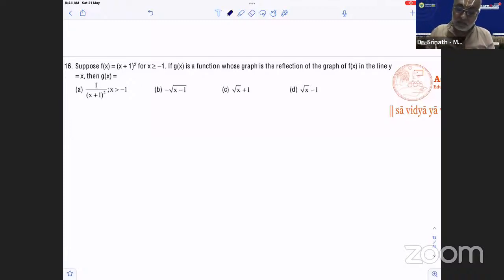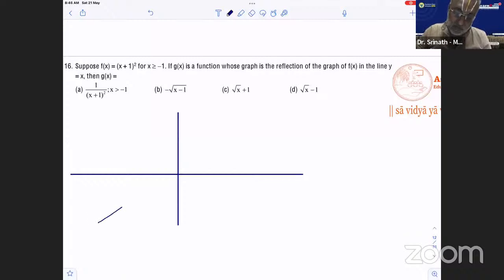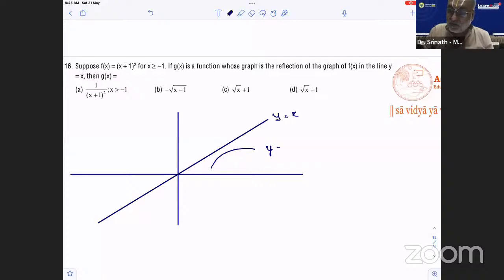See, suppose you have something like this. You all know, students, this is the line y is equal to x. Suppose there is a graph like this. This graph is y is equal to f of x. Its reflection in this line is the graph of y is equal to f inverse of x.